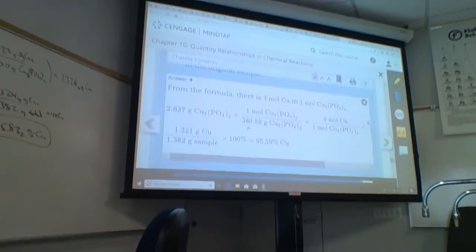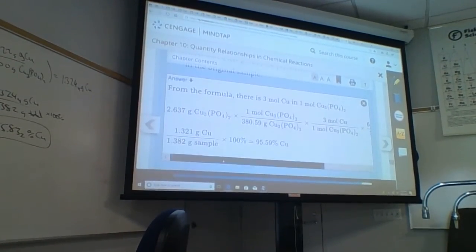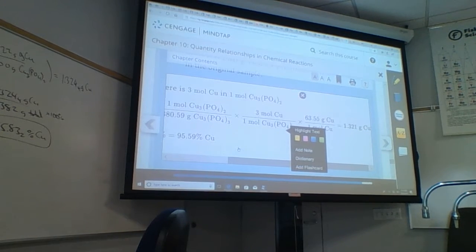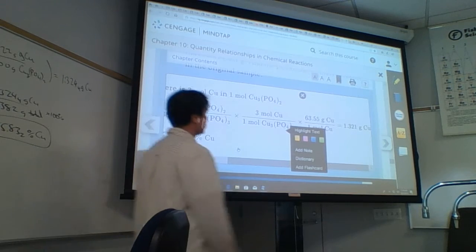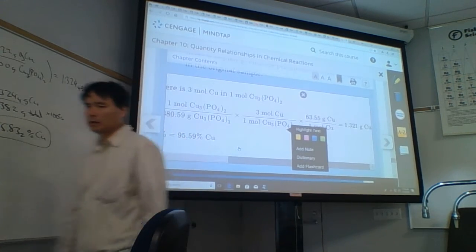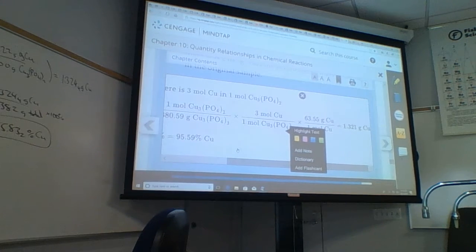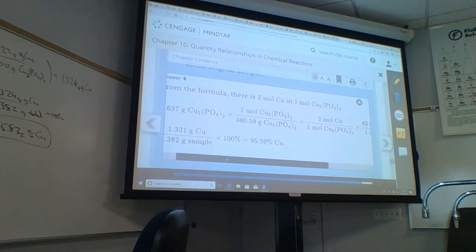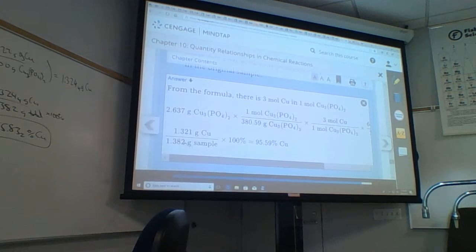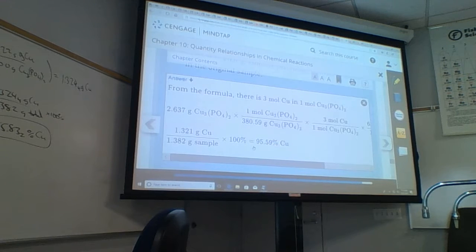The formula itself is a mole ratio. We learned earlier, chemical formulas are mole ratios. And then they went to grams of copper here, and then they calculated the percent copper by taking the grams of copper divided by the grams of sample times 100%.